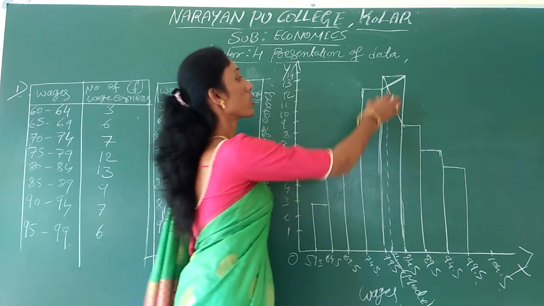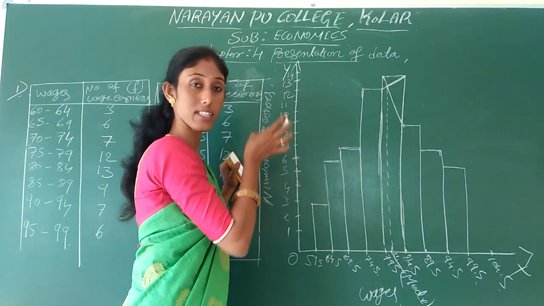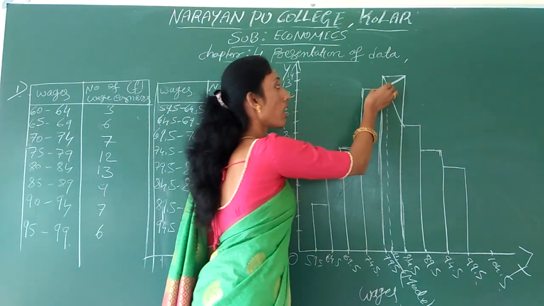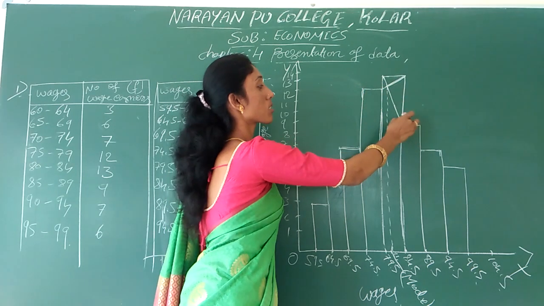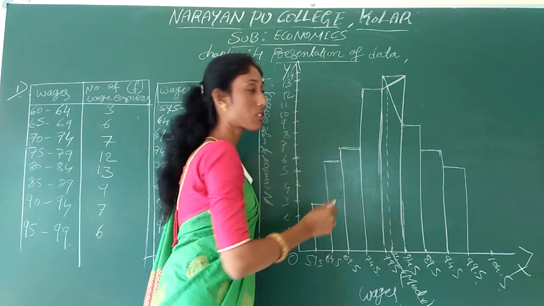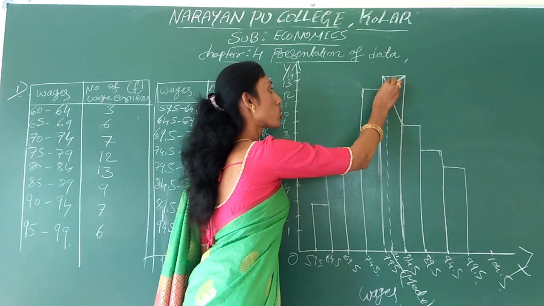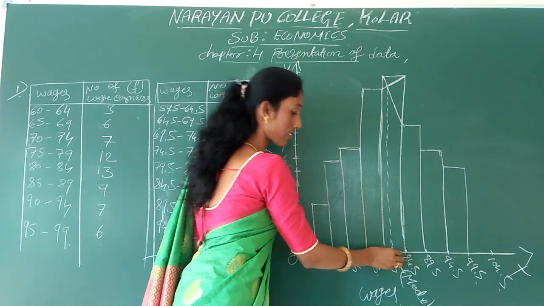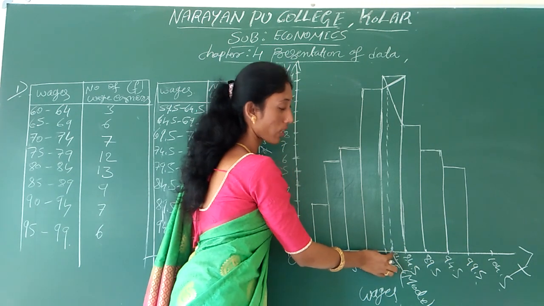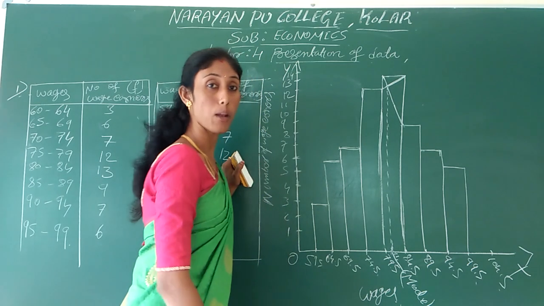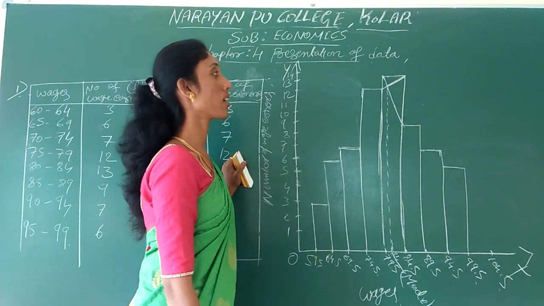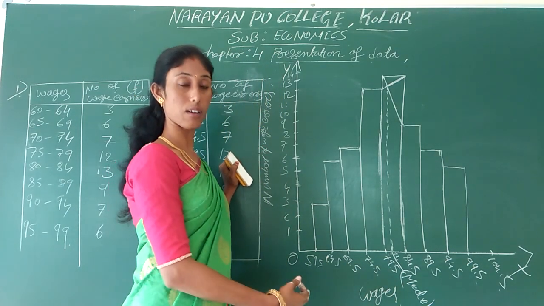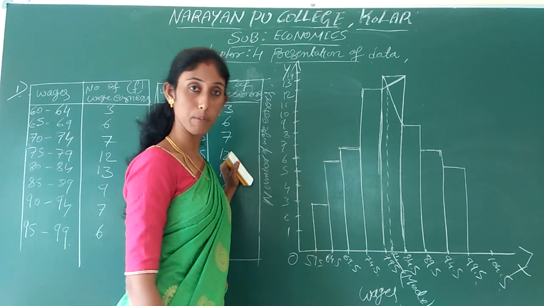To find the mode, we should take the lengthiest, highest bar of the diagram, and each corner should be joined to the previous and next bar's edges. Where these two lines intersect, that line should be drawn straight to the x-axis, and where it touches the x-axis, that is the value of the mode. This is how to find the mode of the values by the graphical method.